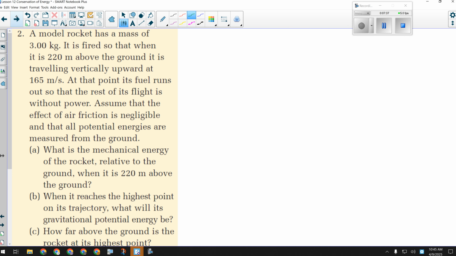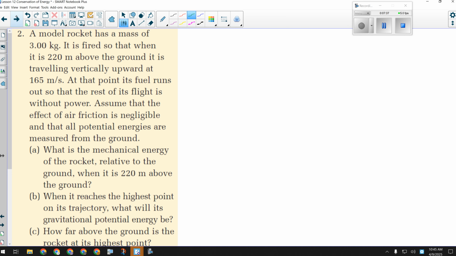So it has no kinetic energy at that point. All of its mechanical energy at that point is potential energy. That's a question asking whether you understand a bit of projectile motion and a bit of conservation of energy. At its highest point, this is its potential energy, because energy is conserved, and as it goes up, it's going to convert its kinetic to potential.